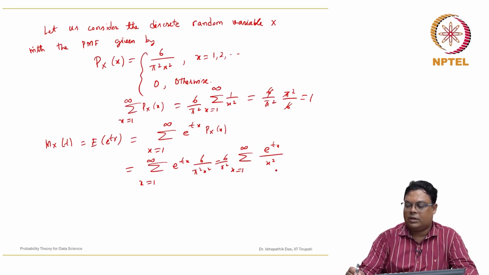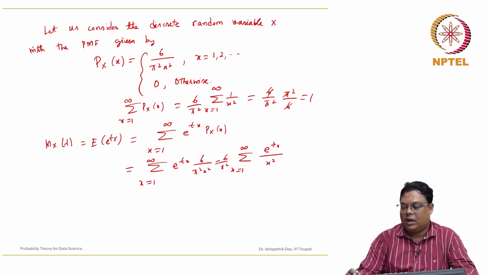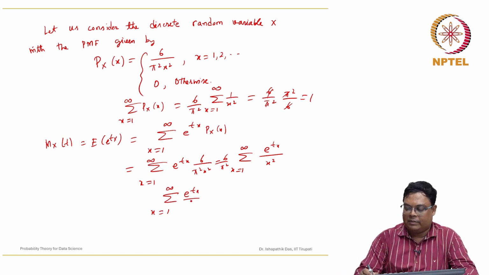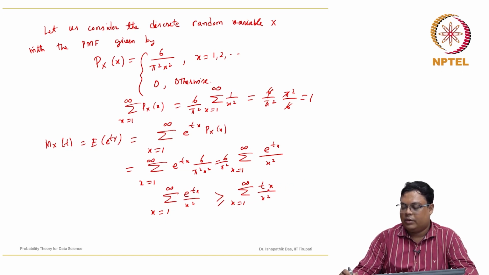How can we show that this is divergent? Because e to the power of tx contains higher terms, 1 plus tx plus (tx) square by 2 factorial, all positive terms. So this sum will be greater than or equal to, in fact strictly greater than, the sum of the remaining term, because for any positive value of t the other terms are positive.